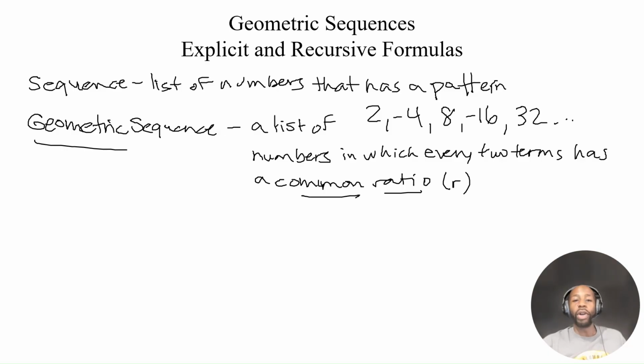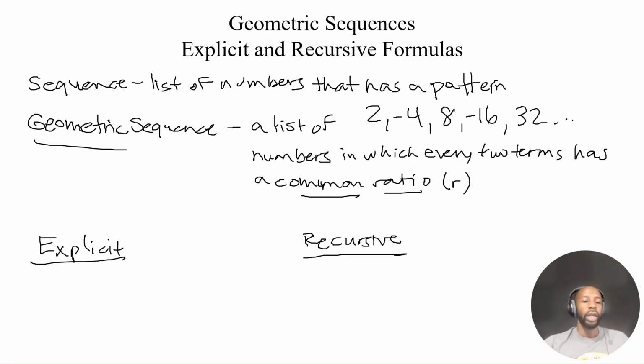Now, from there, let's talk about a recursive formula. Well, actually, we don't want to talk about recursive formula yet. We want to talk about the difference between explicit and recursive formulas to find terms in a geometric sequence.